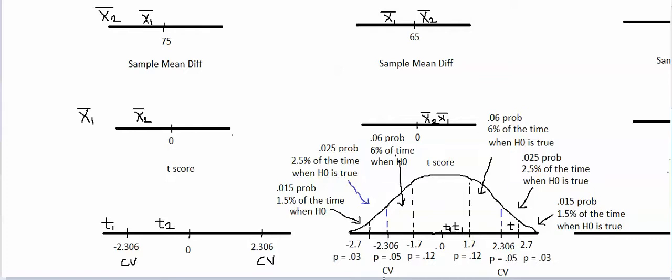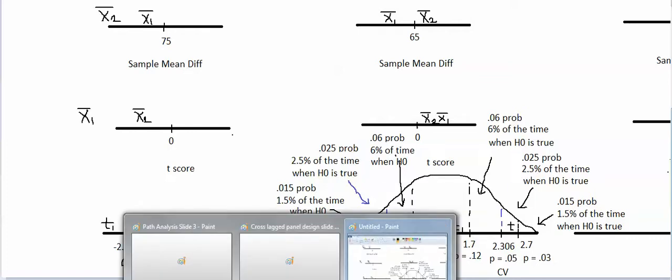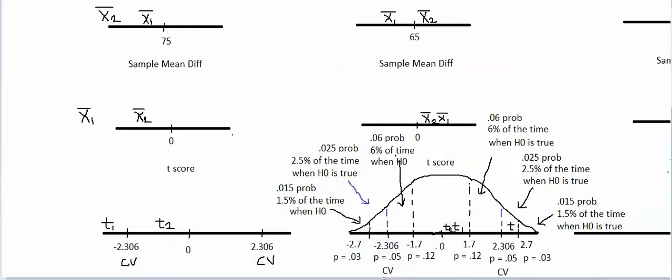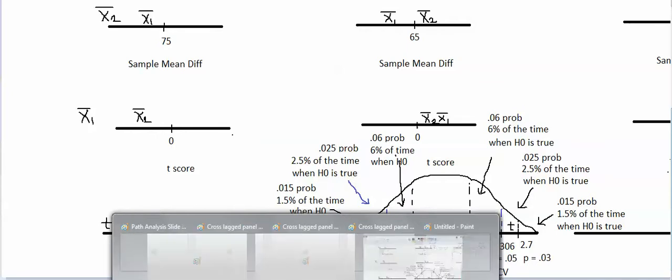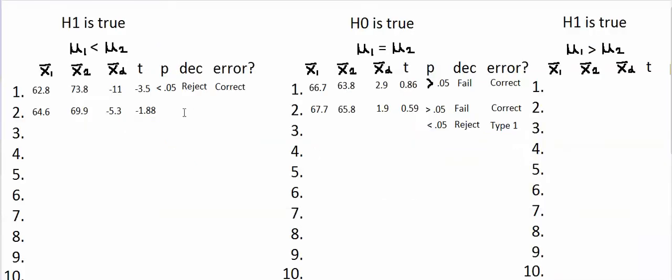So we would go here. If it's in between the critical values, p is actually above 0.05, like it was over here in the other situation, which would mean fail to reject the null.